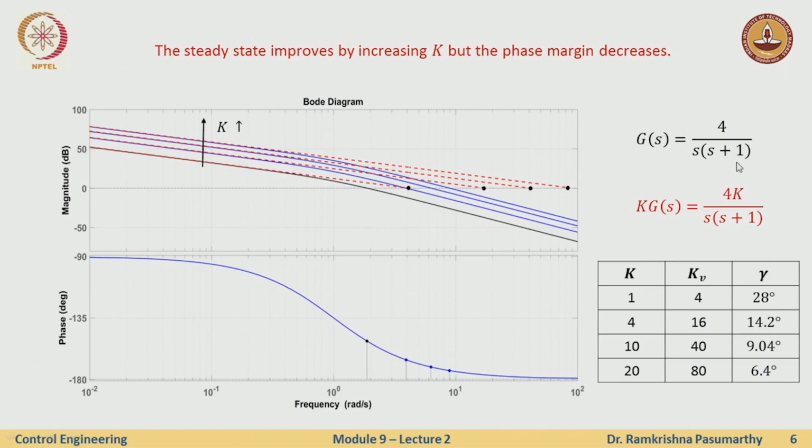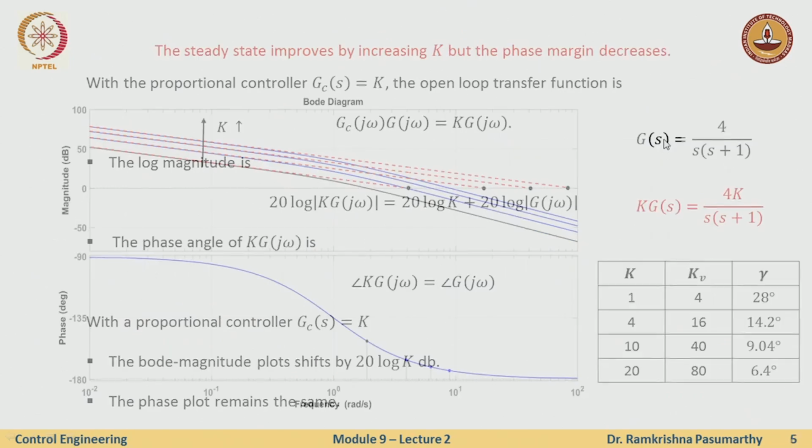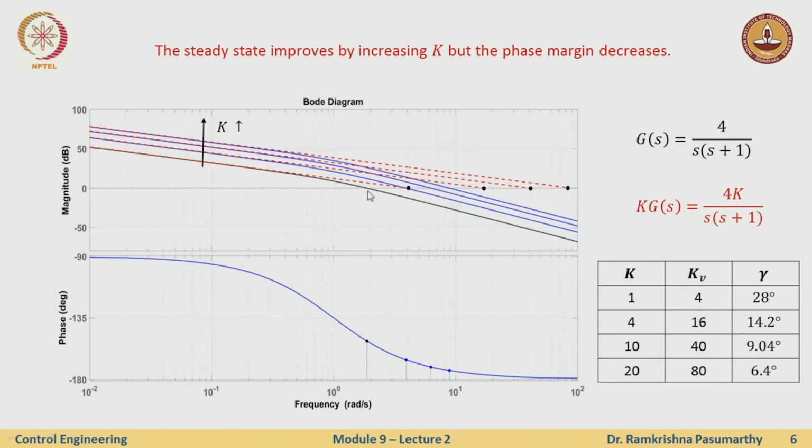I see that with the increase in gain, the magnitude plot shifts up. And when it shifts up, this frequency, which we call the gain crossover frequency, keeps on shifting to the right.